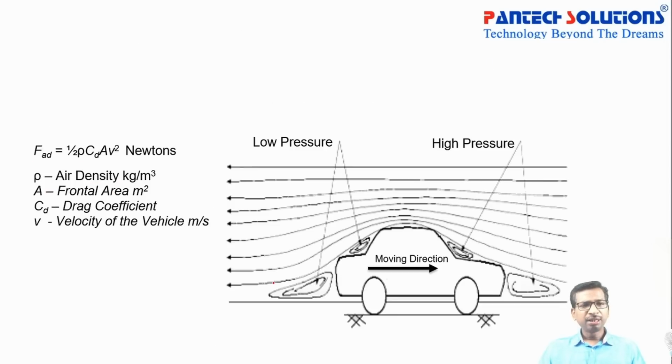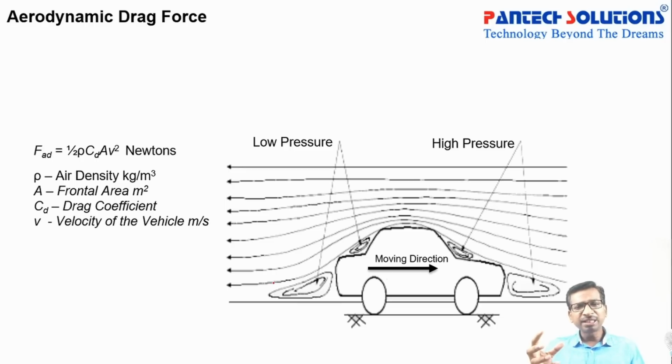And similarly, what is the aerodynamic drag force? The aerodynamic drag force is nothing but, while you travel in the car, air forces will be applied on the vehicle, right? Generally the front side will be at high pressure, and the back side of the vehicle will be at low pressure.